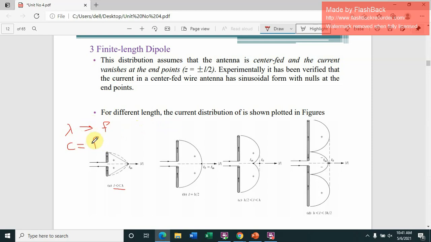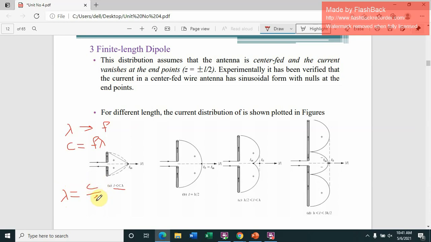Here c is a constant, 3 into 10 raised to 8 meters per second, and f is the operating frequency. That is why lambda is calculated as lambda equals c upon f.